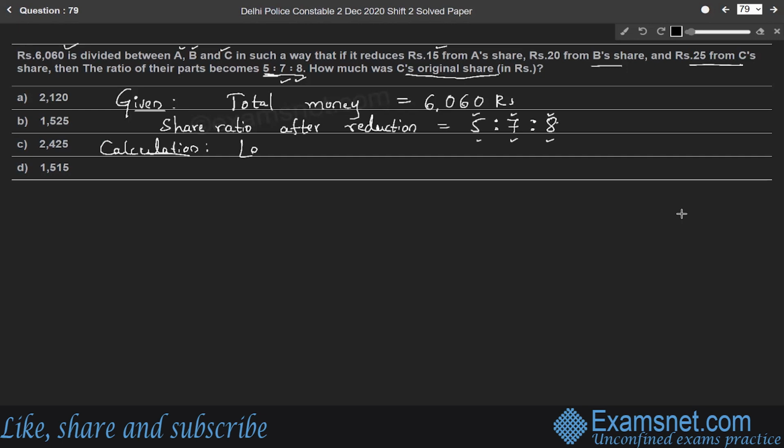So let the amounts of money of A, B and C after reduction be 5A rupees, 7A rupees and 8A rupees respectively.